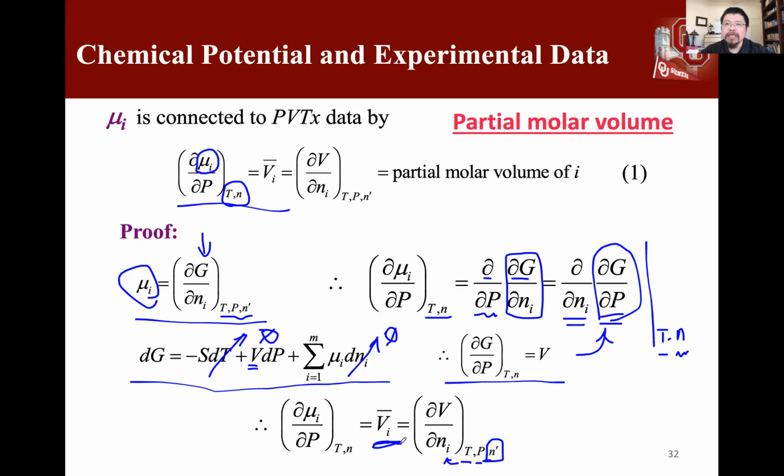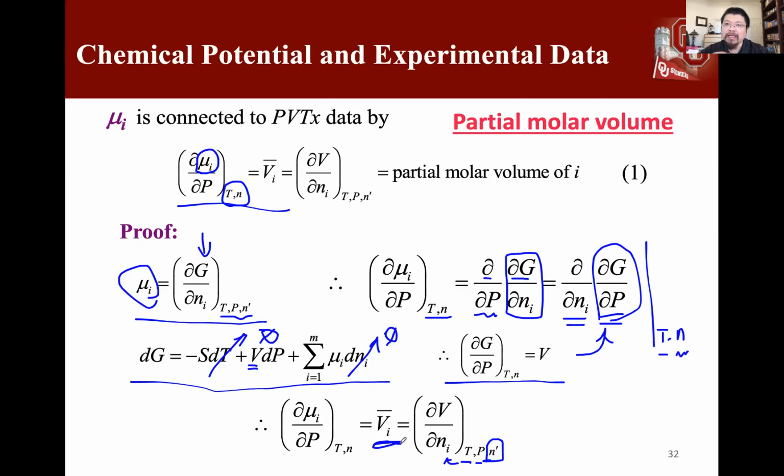Let's say I'm trying to understand the liquid water and vapor water phase equilibrium. In order to understand the chemical potential of water, I can add more and more liquid water. I can try to measure the volume change.